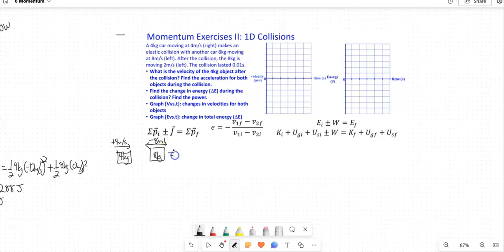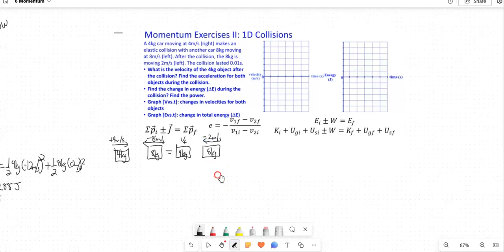And they say after the impact, the 4 kilogram object, we don't know what its velocity is. We're going to have to find that out. That's what they're asking for. So we'll just call that V final. But we're given that the 8 kilogram object is moving to the left at negative 2 meters per second.